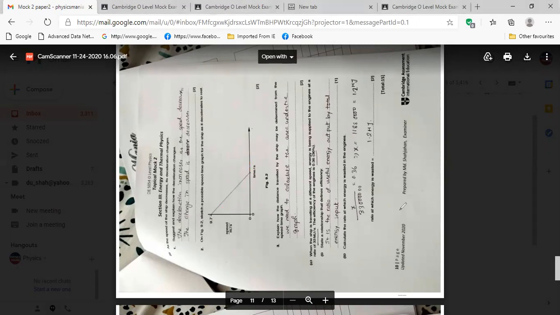Then next, explain how the distance traveled by the ship may be determined from the speed. Calculate the area under the graph. Yes, correct. This one is correct, with the area under the curve, marks.